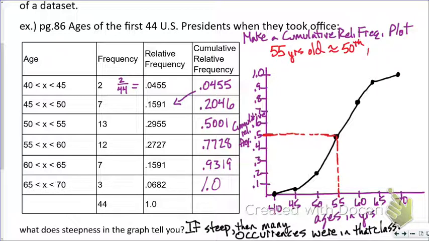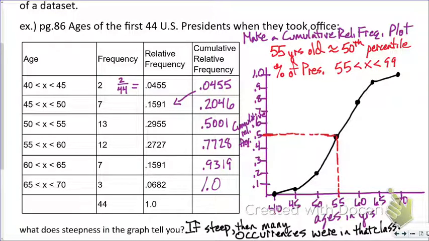If I want the percent of presidents aged 55 to 99, then I take that 55 percentile, subtract from 100, and I got it. Now in this case it happens to be 50 again.